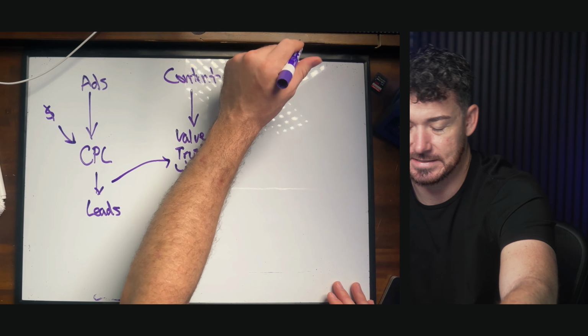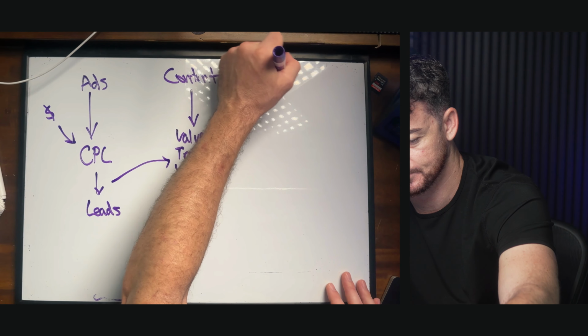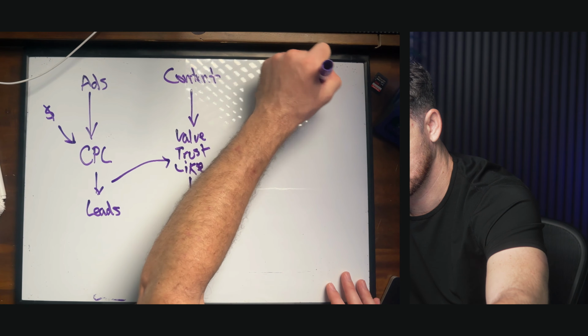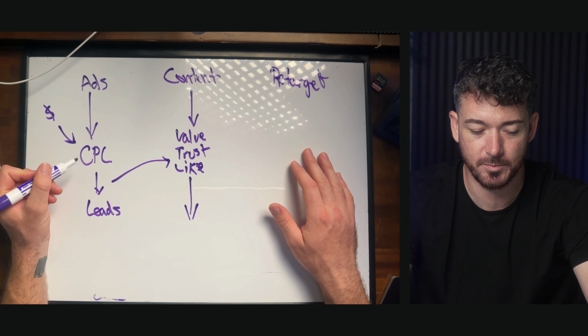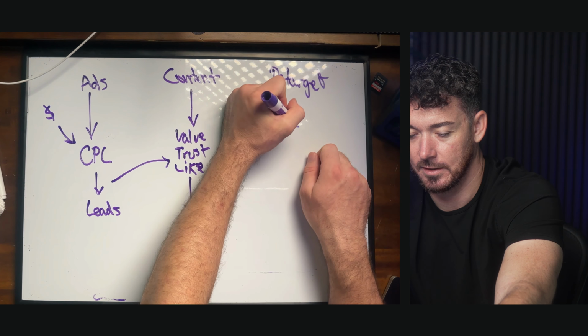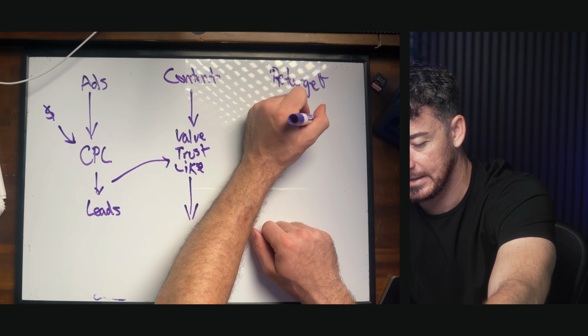The third piece is retarget. Anytime you have money going to paid traffic, anytime you're spending money to show people your business, you need to retarget them, because I would say 1 in 3 people are actually ready to buy when they see an ad. And it's probably less than that, but they're actually ready.